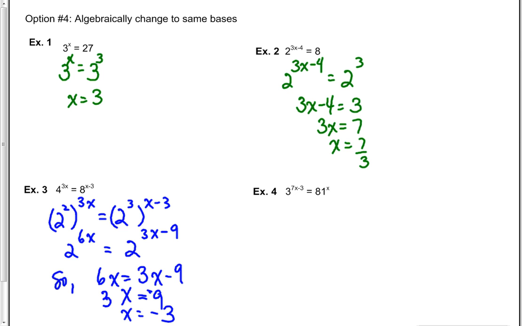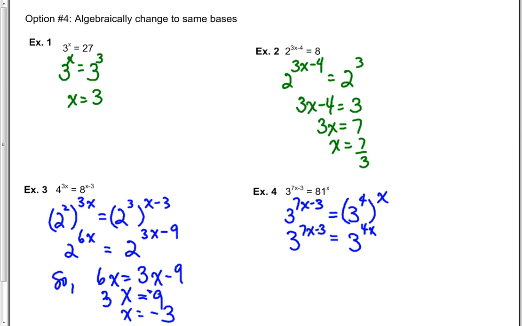Example number 4, I have two powers that can both be written as powers of 3. So 3 to the 7x minus 3 exponent equals, I'm going to rewrite that 81 as 3 to the power of 4. You leave it in brackets, you often can avoid power of a power rule errors. 3 to the 7x minus 3 equals 3 to the, multiply the exponents, 4x.